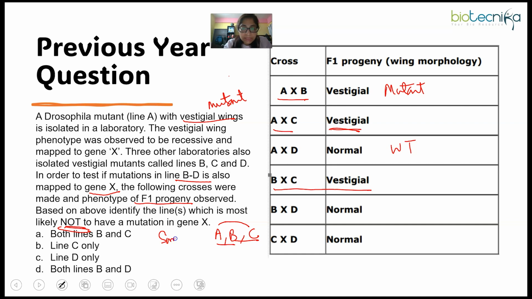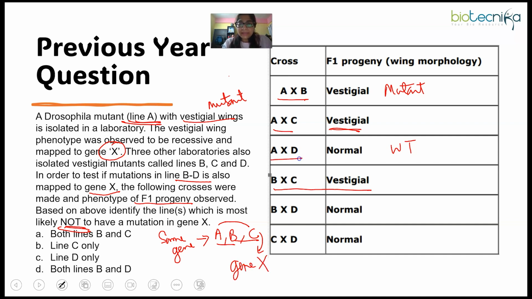It is the same gene that has A, B and C. Now, mutant line A is already mapped to gene X. Since A, B and C are in the same gene, that means they are also in gene X. Now what about D?